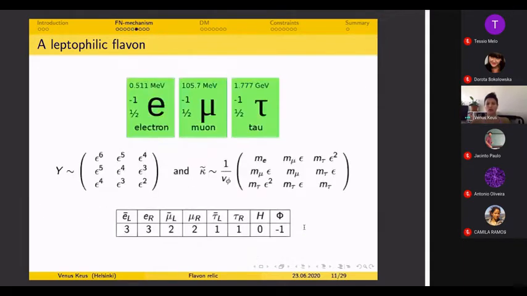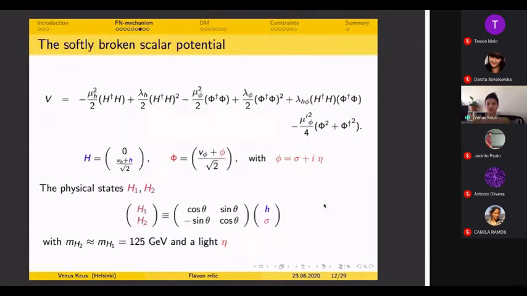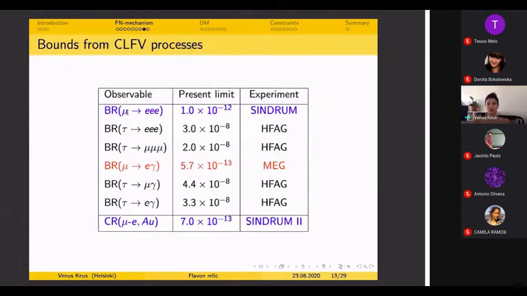So the first thing you need to worry about is the experimental bounds on these charged lepton flavor violating processes. The experiments done on these processes are very, very precise, and the bounds that you get on your models are very, very constraining. The strongest constraint comes from what is known as the mu to e conversion or mu to e gamma process. There are also the li to lj or 3lj conversion.